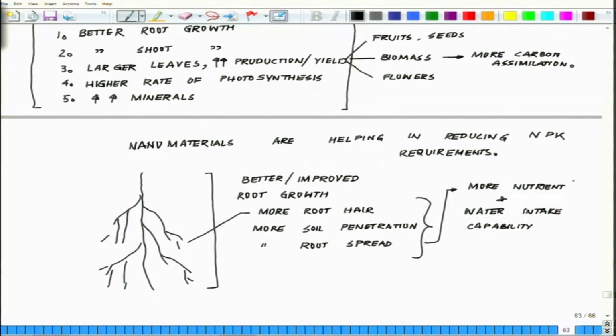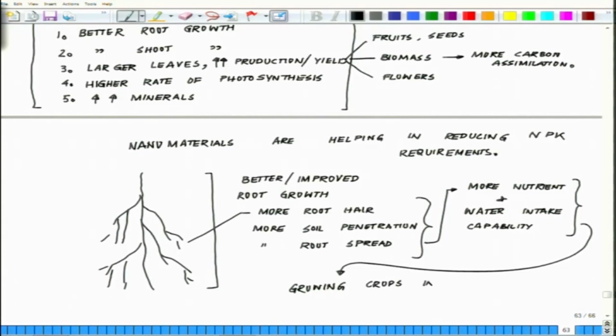So that means these kinds of treatment could be an answer for growing crops in nutrient deficient soils. Okay, growing crops in nutrient deficient soils.